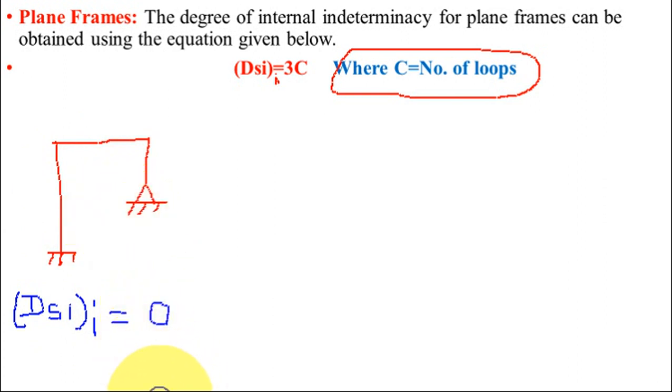Now for better understanding, I will consider one more frame. Suppose this is the second frame.